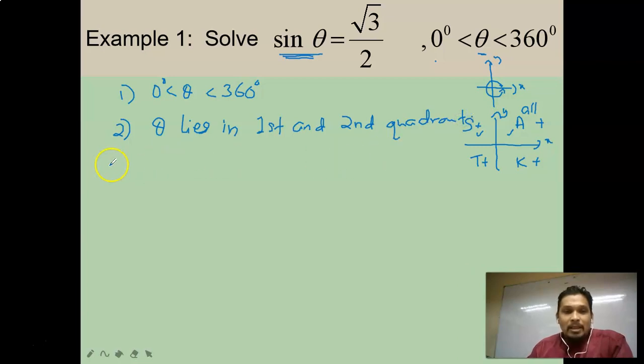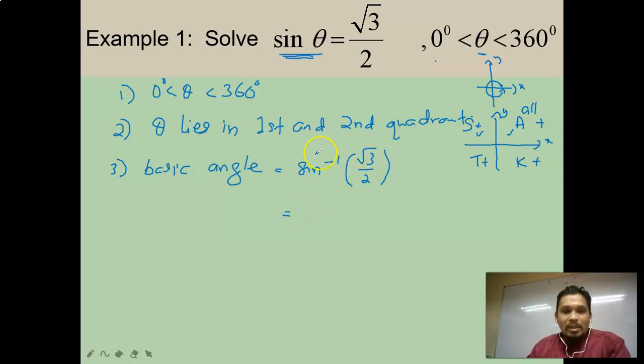Then next is the basic angle, which is arcsine of square root of 3 divided by 2.